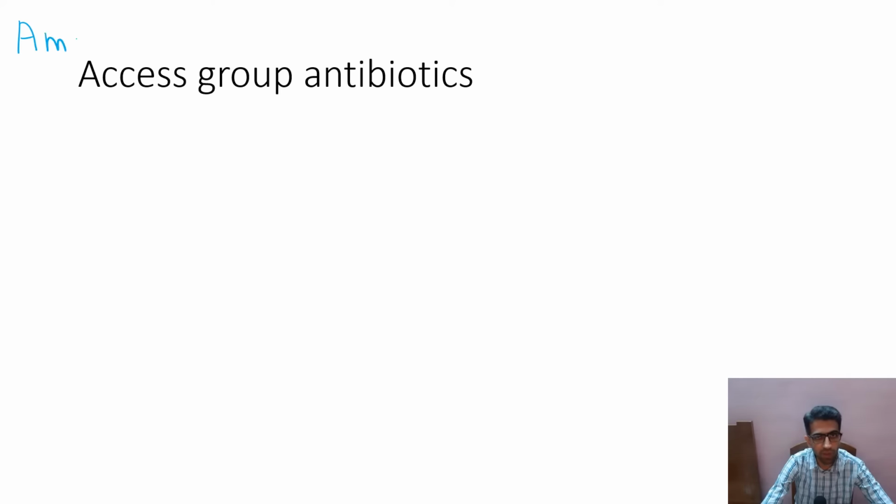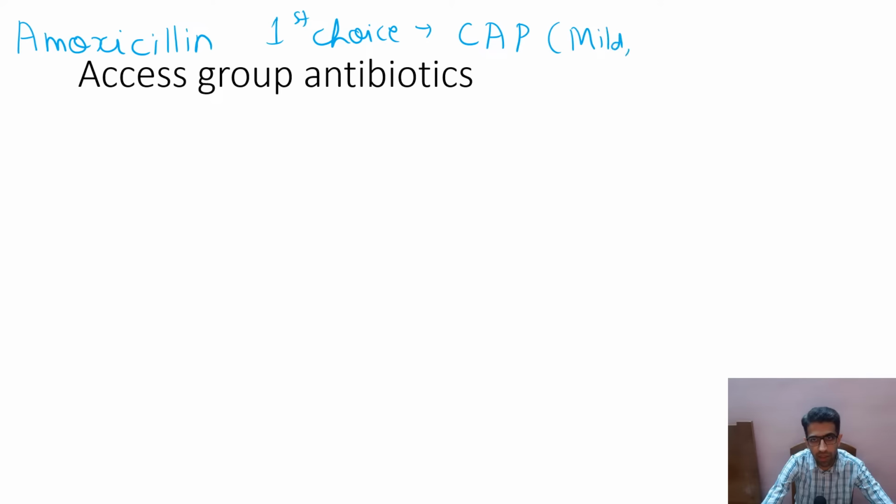I'll be starting off with amoxicillin. Amoxicillin is the first choice antibiotic in community acquired pneumonia. This can be mild, it can be moderate, and it can be severe. Fine.